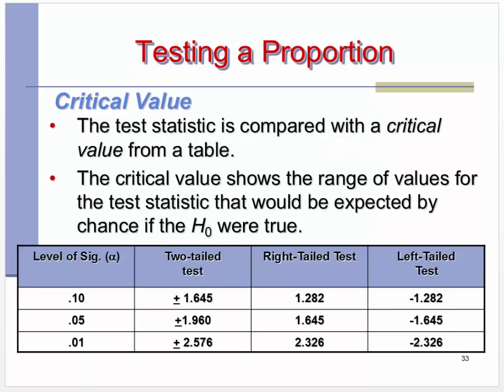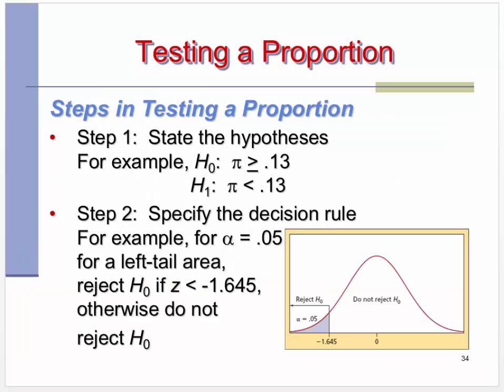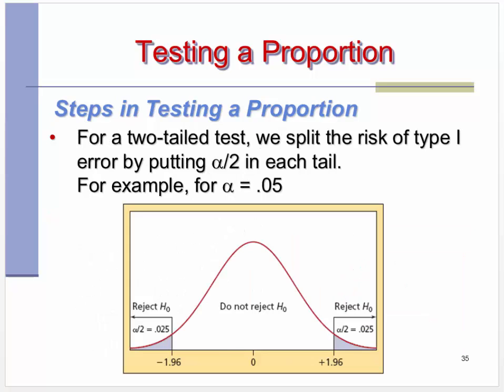The critical value is given here for the different tests, and when we conduct the testing, we calculate the z-scores and see if it's in the rejection region or acceptance region, just like before. This is the steps in testing a proportion.